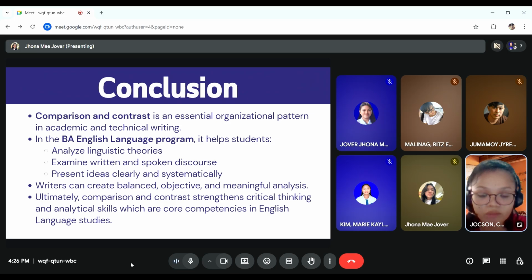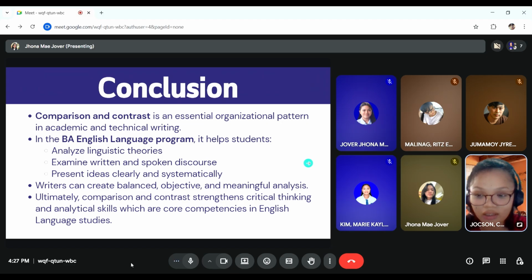By following the steps in comparing and contrasting, selecting comparable subjects, identifying criteria, choosing an organizational pattern or method, presenting similarities and differences objectively, and using signal words and graphics, we ensure that our analysis is structured, fair, and meaningful.